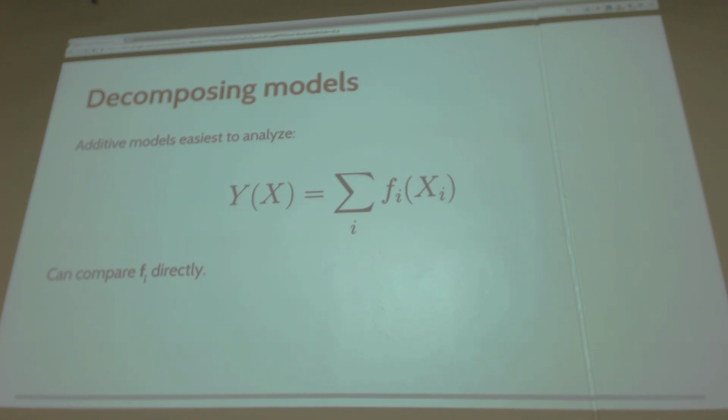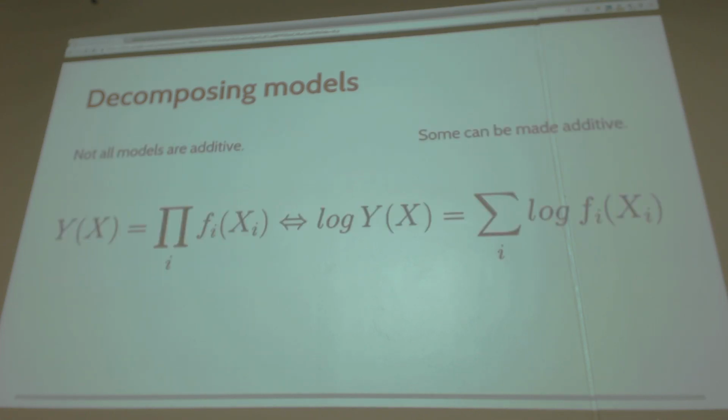We can explicitly say what the sensitivity of the model with respect to a factor looks like. We just look at the function f_i. And for example, if it's usually not that big compared to other functions, then we can say that the model is not very sensitive to this parameter.